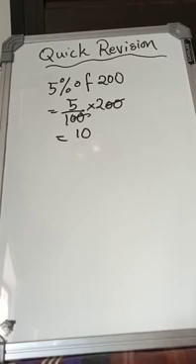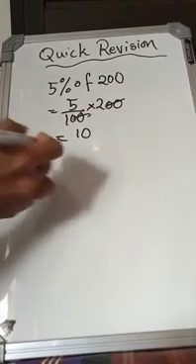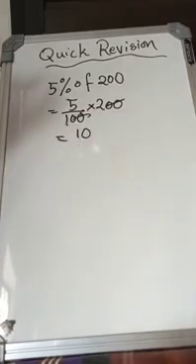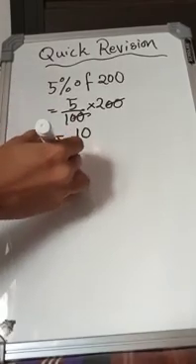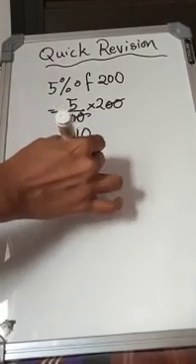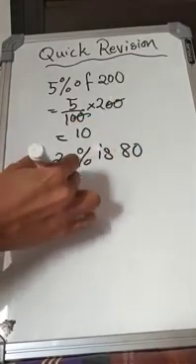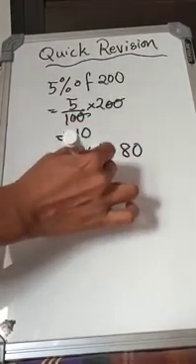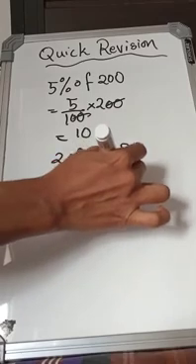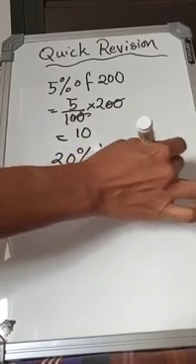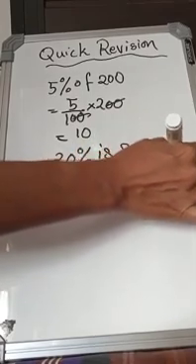Then what did you learn? If 20% of a number is 80, then how will you find the number? That is, 20% of a number is given and you have to find the number. If 20% is 80, then the number is what? The number is 80 divided by 20%.